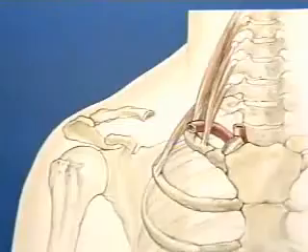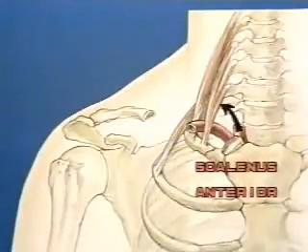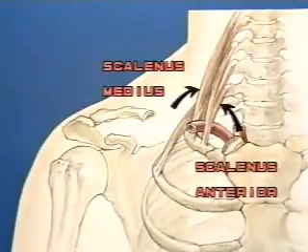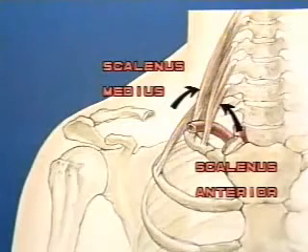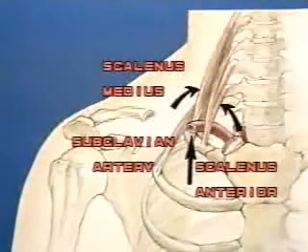Adson test. The Adson test is performed in order to determine any compromise of the subclavian artery in the cervical region. A cervical rib or compression by the scalenus anterior and scalenus medius muscles may decrease the patency of the subclavian artery.